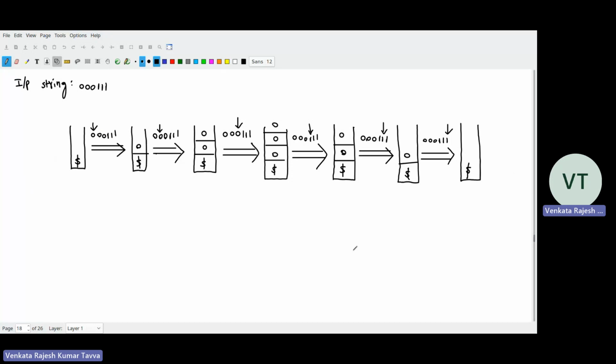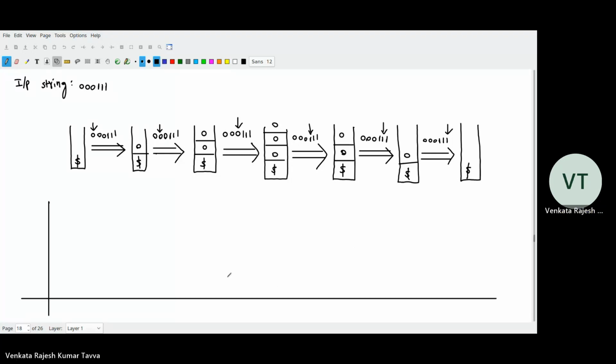Okay. Now you see, as I am reading an input symbol, the stack is either increasing or reducing. So if I try to graph the height of the stack, let's say this is 0, this is 1, 2, 3. Initially the height of the stack is 0.